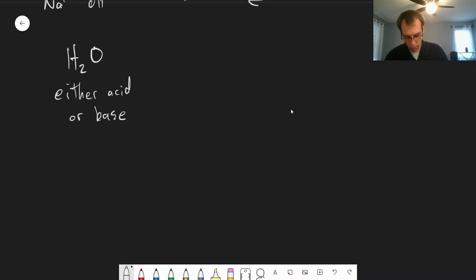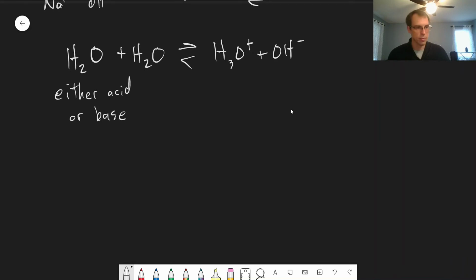And one of the most important reactions is water reacting with itself in equilibrium to form H3O plus and OH minus. So H3O plus is a proton donor, OH minus is a proton acceptor. We often will just write this as H plus, but in reality, the protons in solution are surrounded by other water molecules. They don't really exist on their own. But as a shorthand, we will call a free proton just H plus.